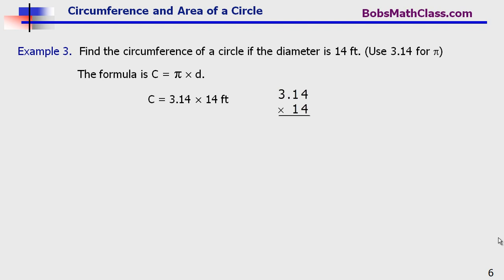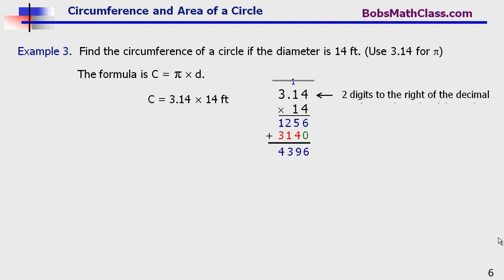You might want to pause and work out your multiplication. Anyways, just regular multiplication. Then the top number has 2 places to the right of the decimal point, and the bottom one has none, so move the decimal point over 2 places to the left.